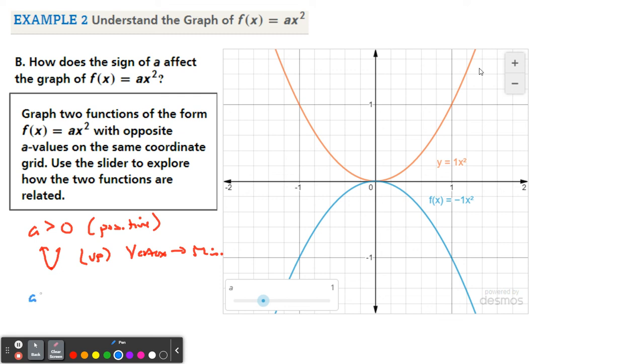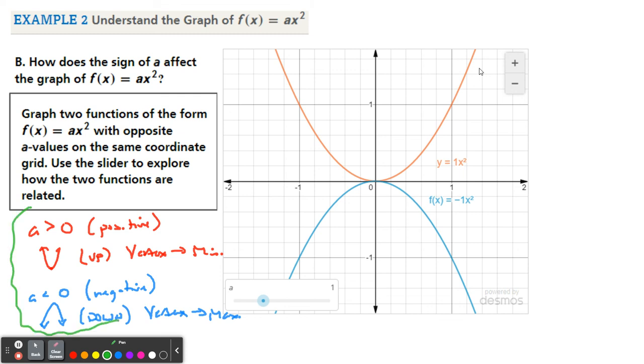Versus if your a value is less than 0, if it's a negative number, now your parabola is going to flip down. And if your parabola opens down, then your vertex is going to be a maximum.